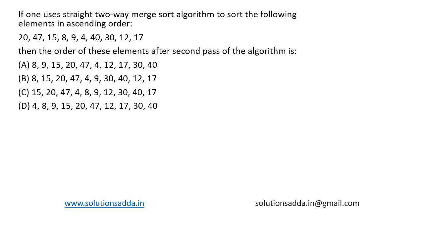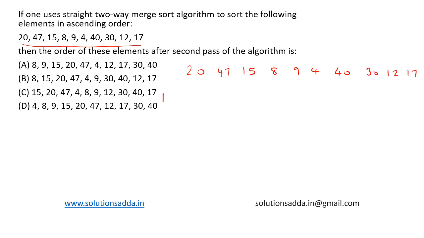This is a question from algorithms. If one uses the straight two-way merge sort algorithm to sort the following elements in ascending order, and the elements are given as follows, then the order of the elements after the second pass of the algorithm is. So in the initial pass, what happens is as follows. Let's write the array first: 20, 47, 15, 8, 9, 4, 40, 30, 12, and 17.